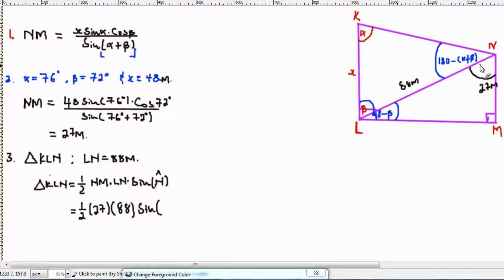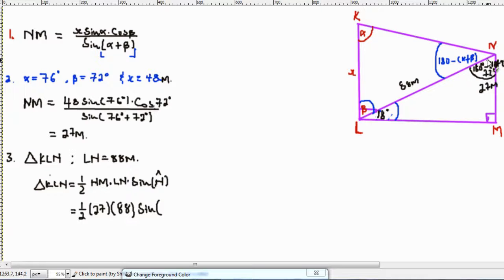If you calculate this angle here, beta is 72, so then this angle is 18. So that angle is 18 degrees. Now here we have 90, so this angle is 180 minus 18 degrees plus 90, and that will give you 72 degrees.